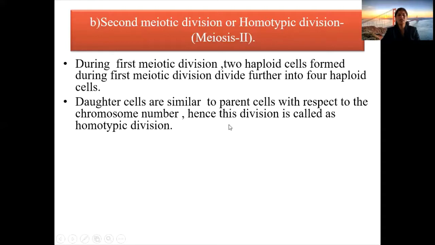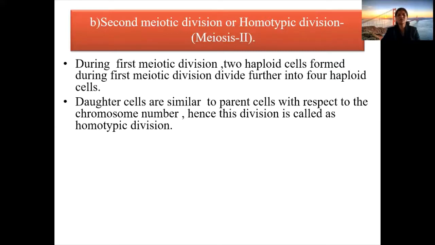But during meiosis 2, or in case of homotypic division, the haploid parental cell is divided into two daughter cells, but the chromosomal number is constant. That means both these daughter cells possess a chromosomal number same as the parental cell.